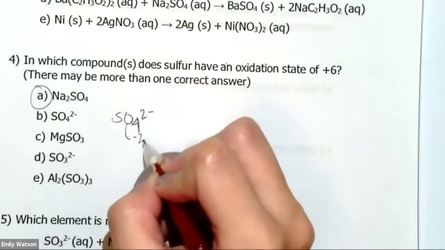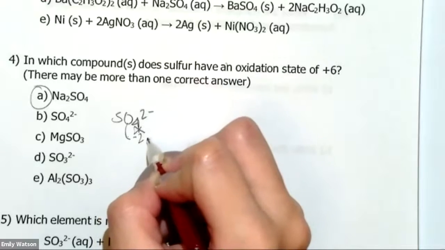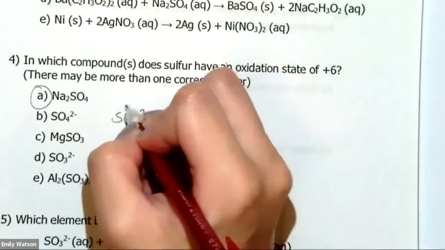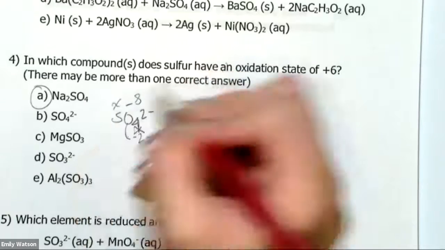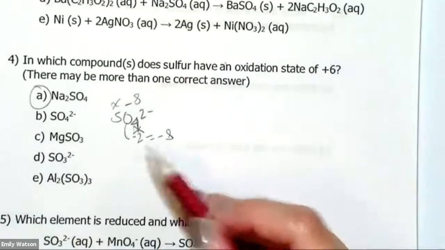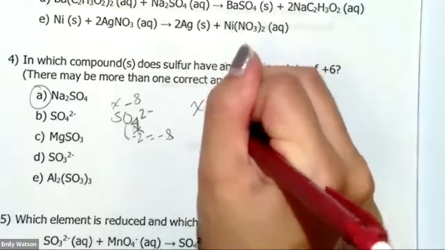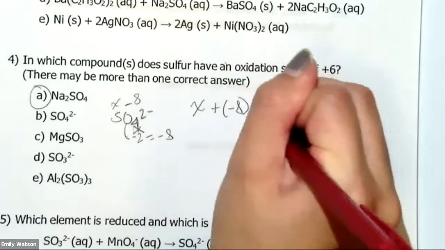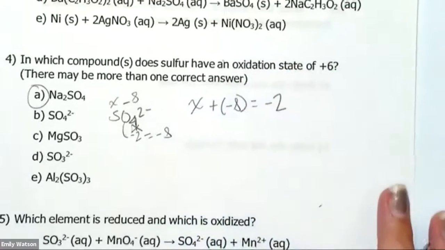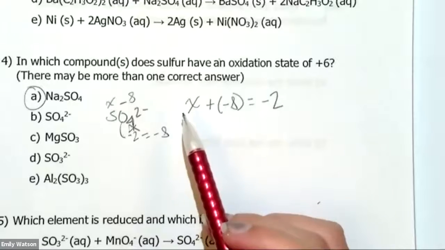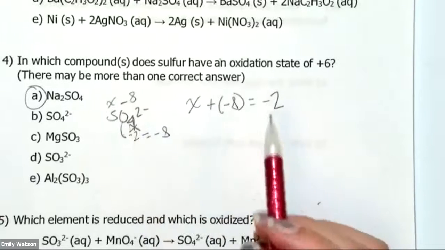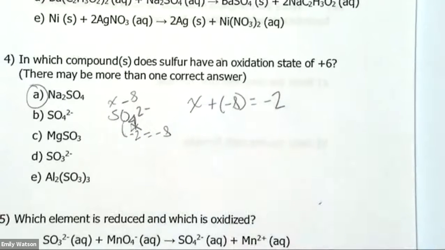And we have 4 of those, so we multiply them and we get -8. Now we need to figure out what our x is. So we have x plus -8 equals -2. What would have to be our x, or our oxidation number for sulfur, in order for this equation to work out?